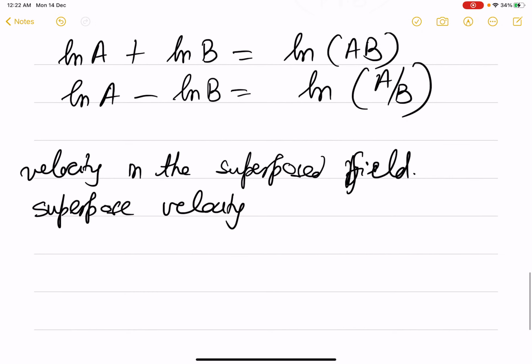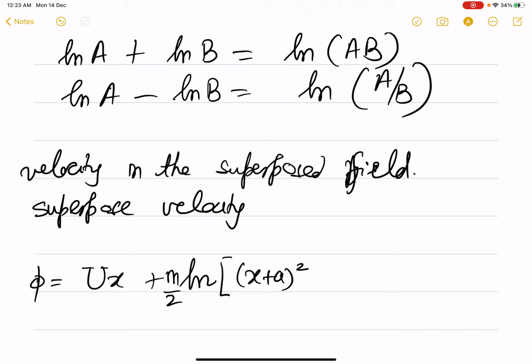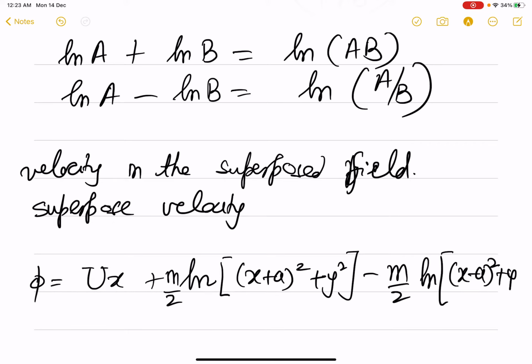So phi was given as u x plus m by 2 ln of x plus a whole square plus y square minus m by 2 ln of x minus a whole square plus y square.